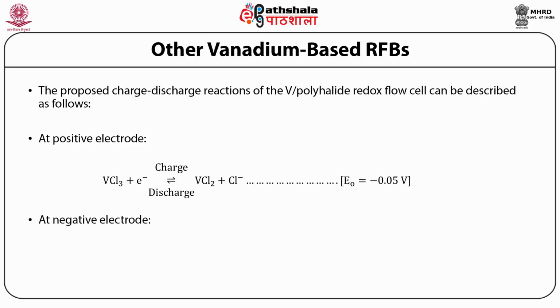At the negative electrode, 2Br- + Cl- charges or discharges to give ClBr2- + 2 electrons, with E° equal to +0.8 volts.